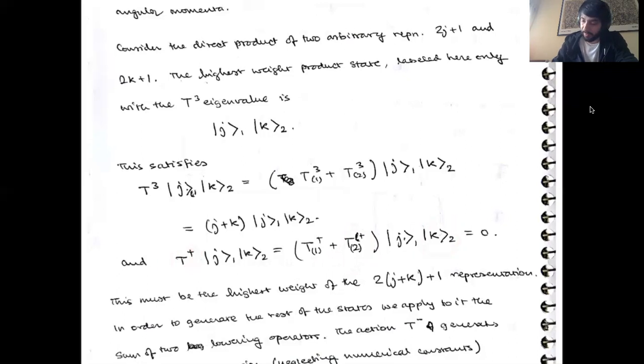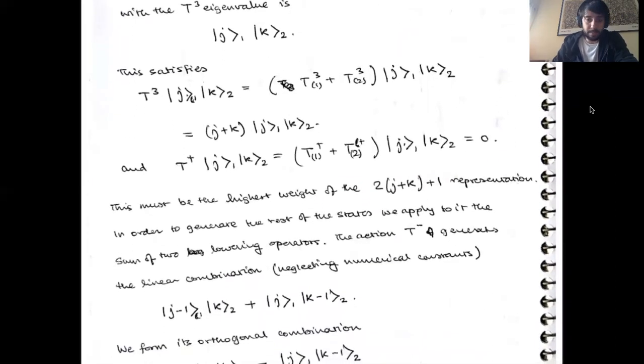Very good. So this must be the highest weight of the 2J plus K plus 1 dimensional representation. As you can see, this has J plus K. So we have got the highest weight state.